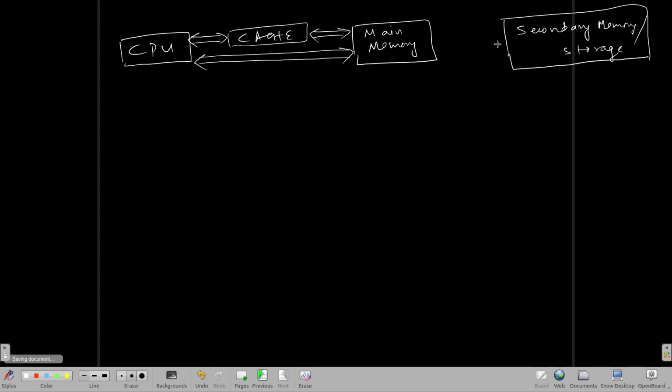But the secondary memory does not connect directly to the CPU, it connects to the main memory. So this is how a basic connection between the CPU and the different types of memories takes place. Now let's see these types of memories one by one, starting with the obvious first one, the cache memory.